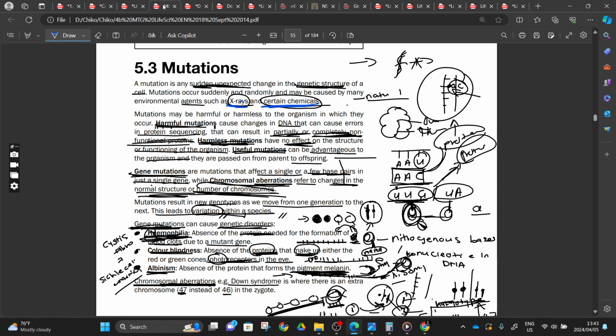It can be natural, where this non-disjunction is happening, or it can be caused by X-ray, where these rays can go and disturb the formation of a new strand during DNA replication, right? A certain chemical. And then we talked about harmful, harmless, and useful mutation.